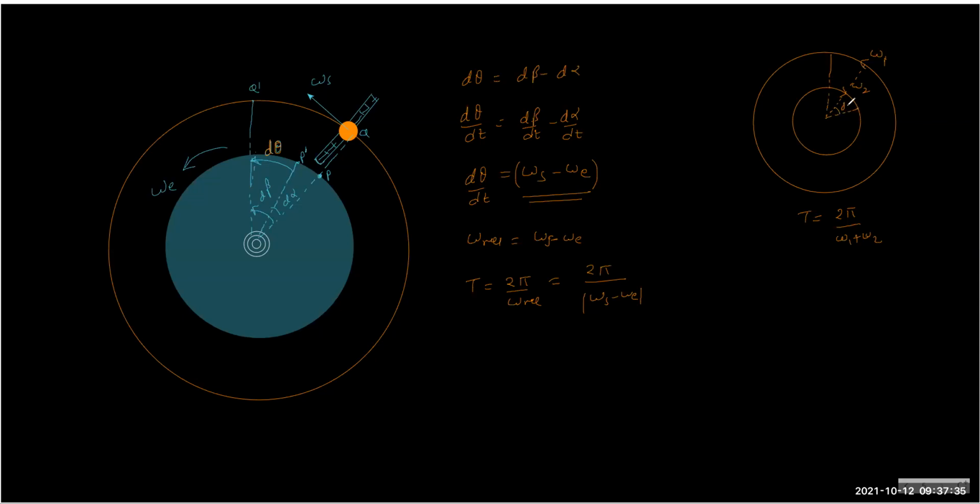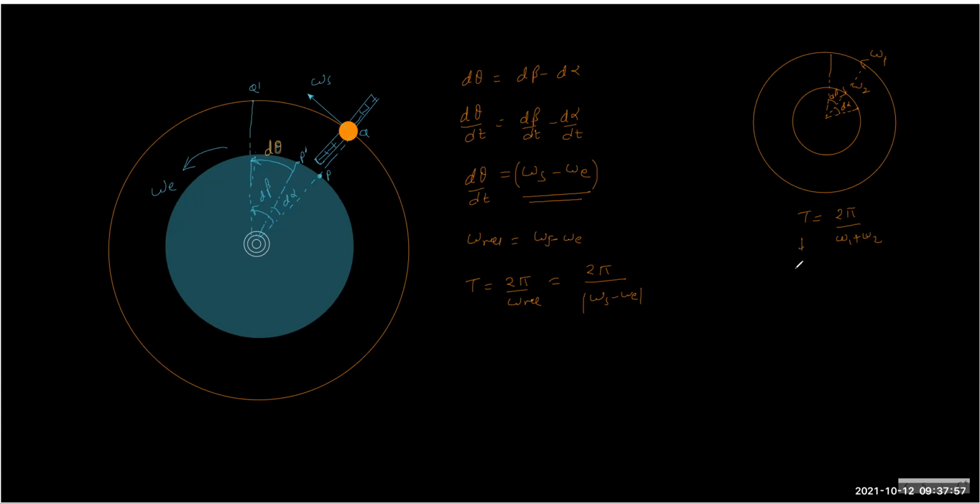So this is d alpha and this is d beta. So the angle between them is d alpha plus d beta. So it's growing. The angle is growing very fast. So once it will cover 2 pi, it is again going to be at the same alignment. So the alignment will be same after this time.